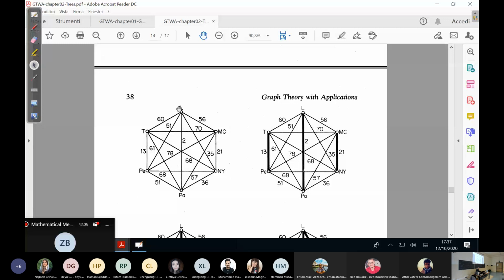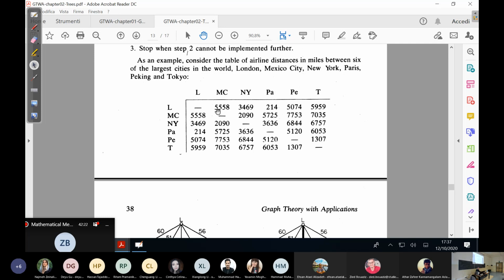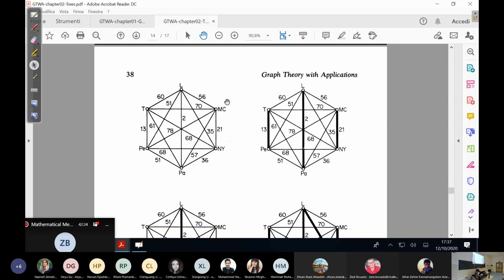We just say there is a possibility to have an aircraft going from Mexico City to London, and it would have 5600 miles, okay, and so on.